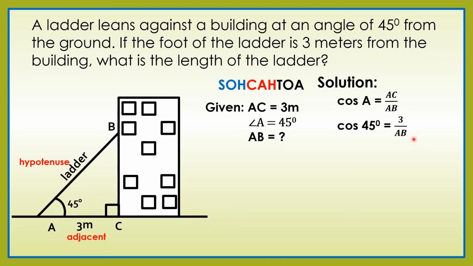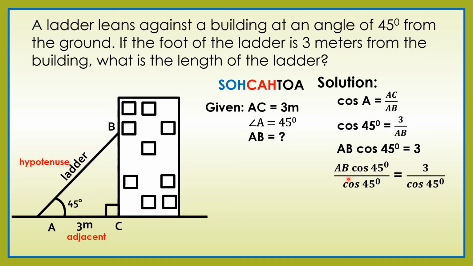By cross multiplication, cosine 45 degrees times AB, so we will have now AB times cosine 45 degrees is equal to 3. So para ma-solve natin ang AB kasi that is unknown, magdi-divide tayo both side ng cosine 45 degrees.